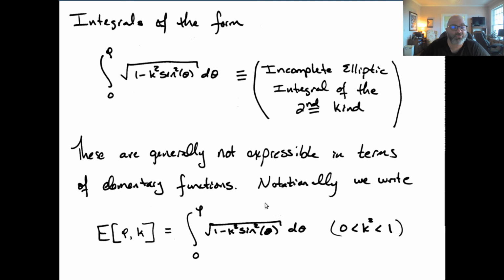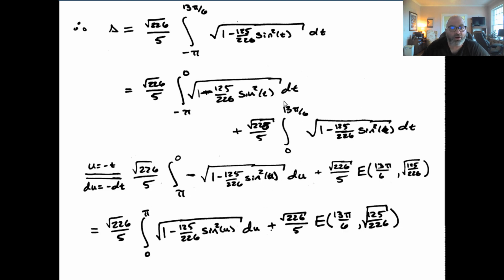If we go back to our original curve, we've got this arc length being the square root of 226 over 5 times this integral. We can split this integral into an integral from negative pi up to 0 and an integral from 0 up to 13 pi over 6. On the first one, we do a u substitution: u is negative t, so du becomes negative dt.